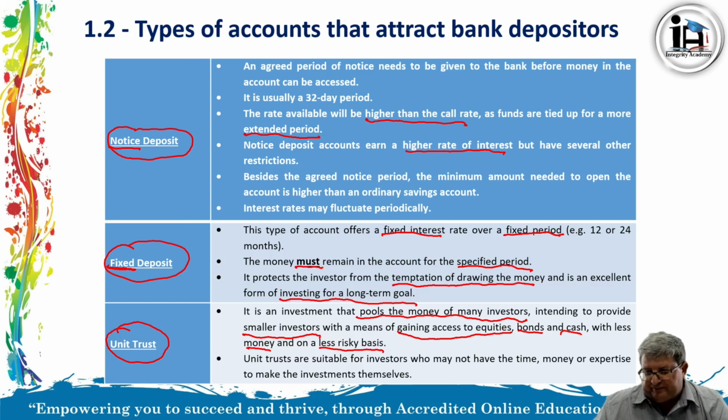So, for instance, you need to put down 100,000 Rand to invest in a special equity or bonds or whatever. But now you and me don't have 100,000 rand just like that to invest. But maybe we've got 10 or 5 or 1,000. So we buy unit trusts for a small amount. So we are a part of the small investors.